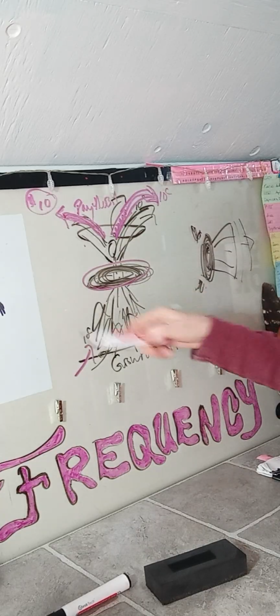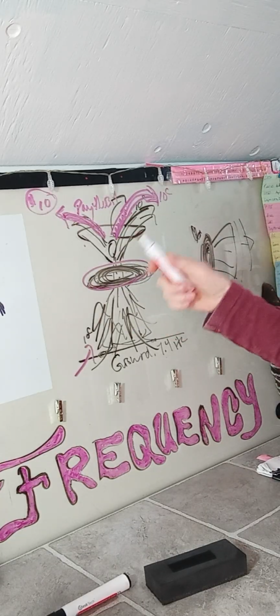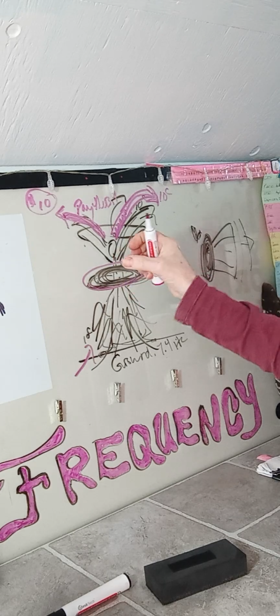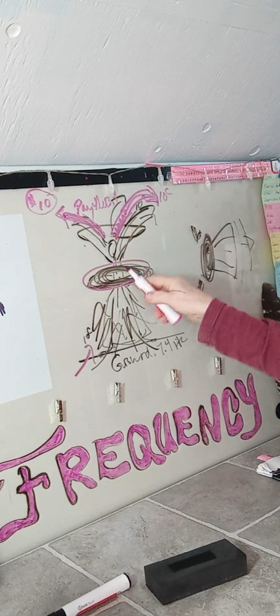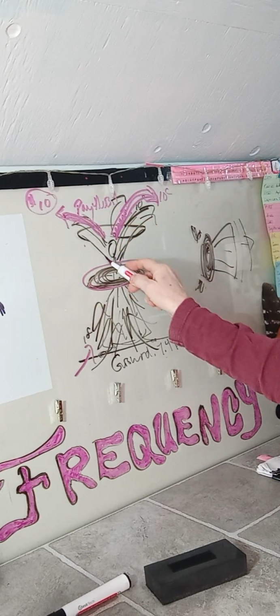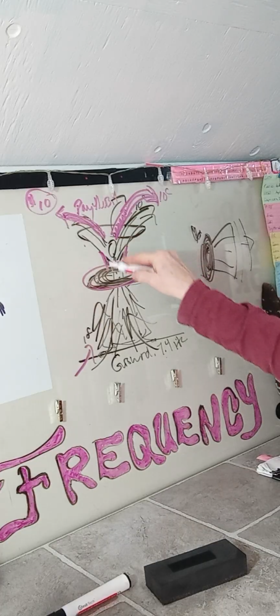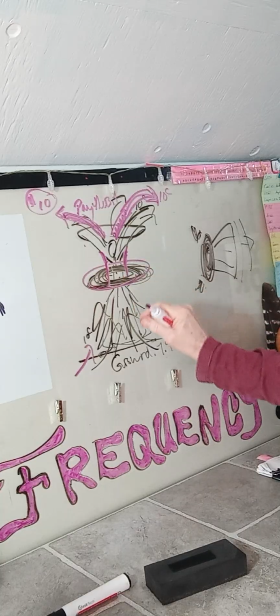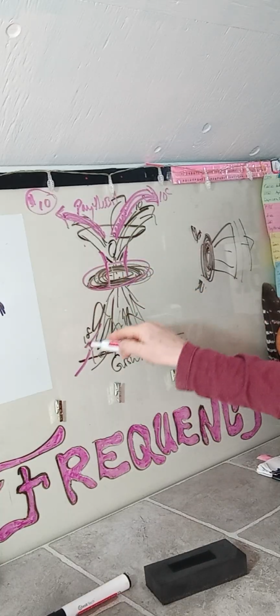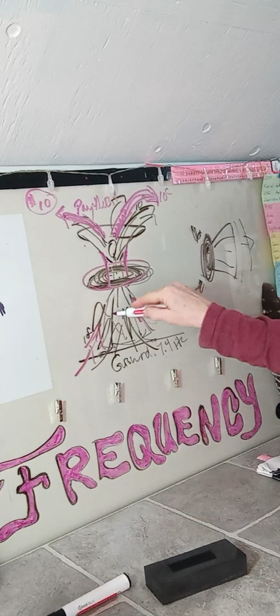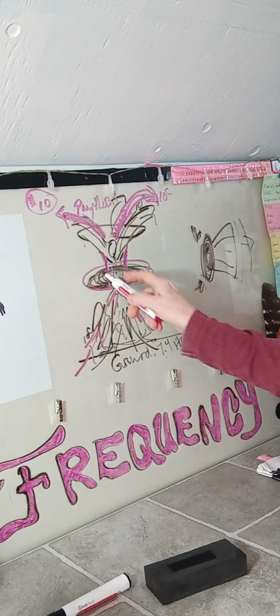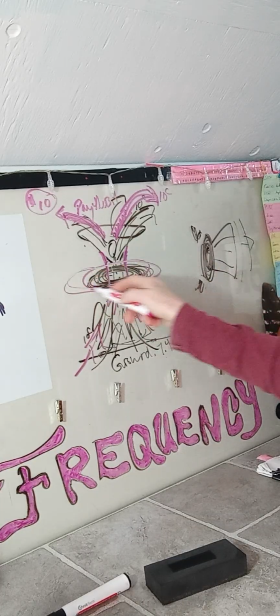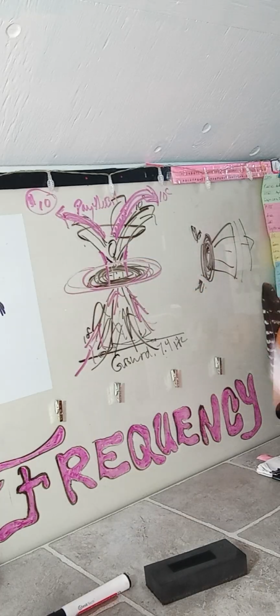You are wrapping the frequency in love, effectively expanding it so that it's making this part of the funnel larger, which is allowing larger amounts of energy to flow, which makes your magnet bigger. See what I mean?